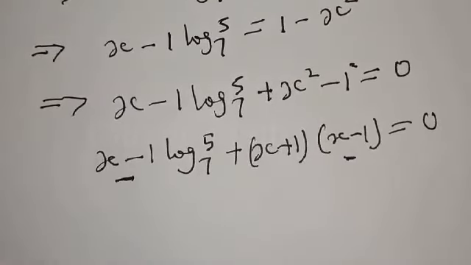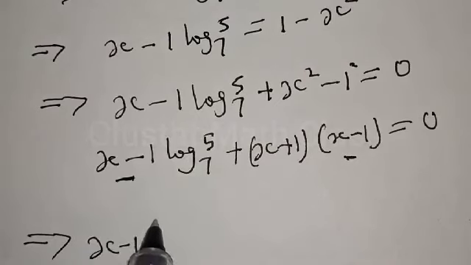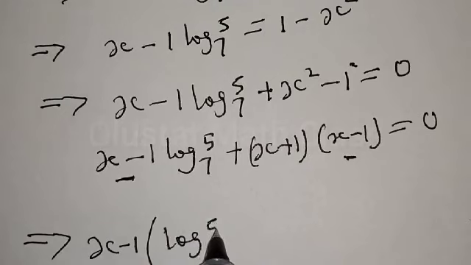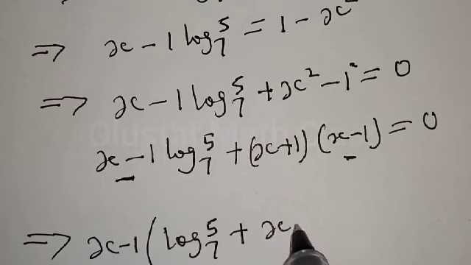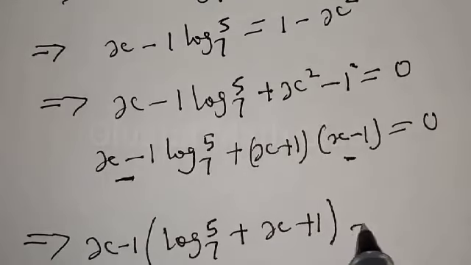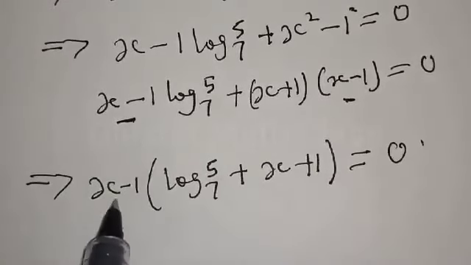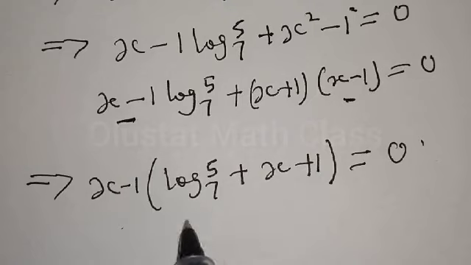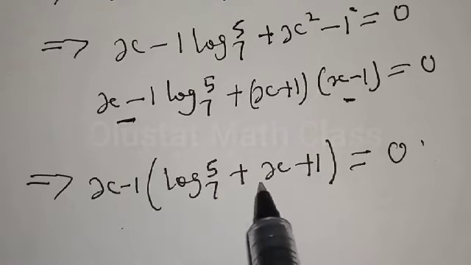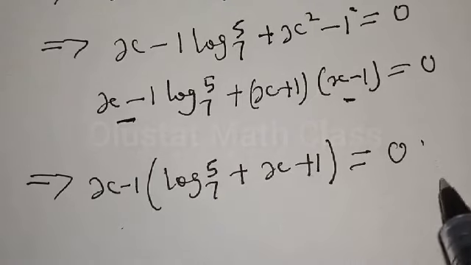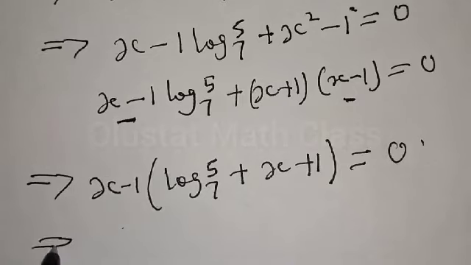This implies that we have x minus 1 into log 5 base 7 plus x plus 1 equal to 0. From here, x minus 1 will be equal to 0, or log 5 base 7 plus x plus 1 is equal to 0.